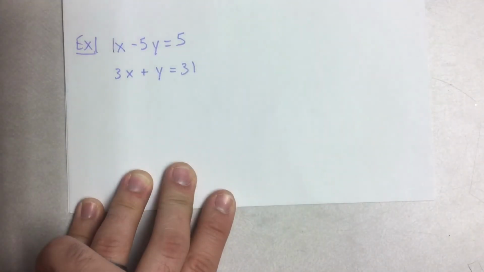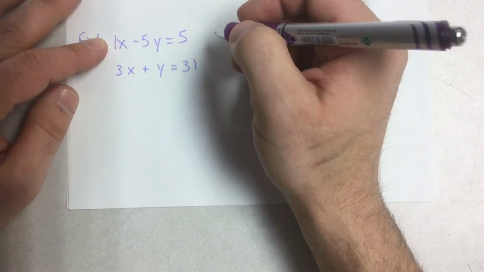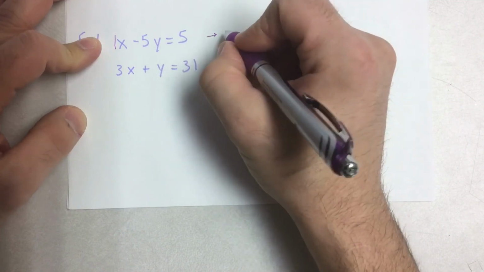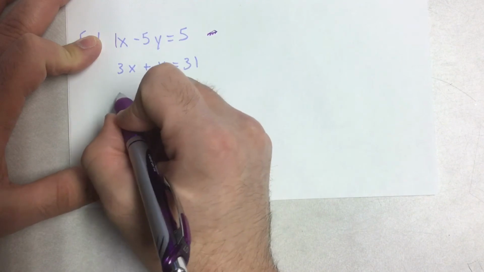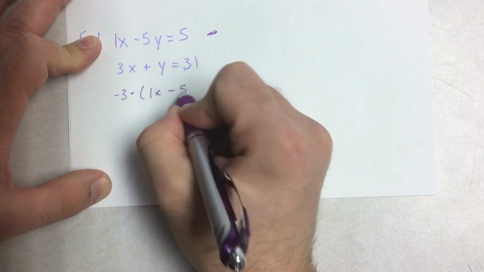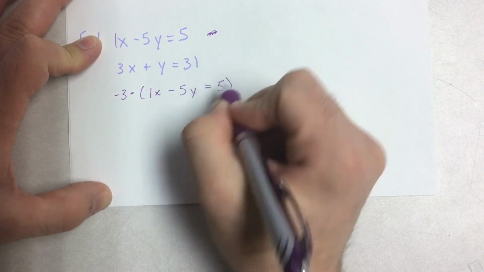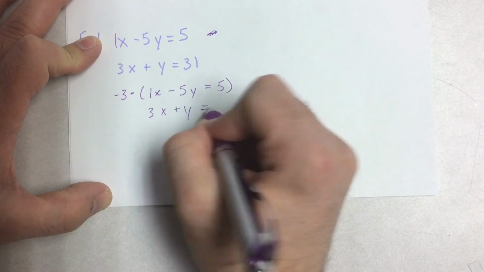So it doesn't really matter here what I choose to multiply by, but let's go ahead and multiply this by -3. So let's say we have -3, and we multiply not just this first number, but we have to multiply each number here. And our second equation stays the same.